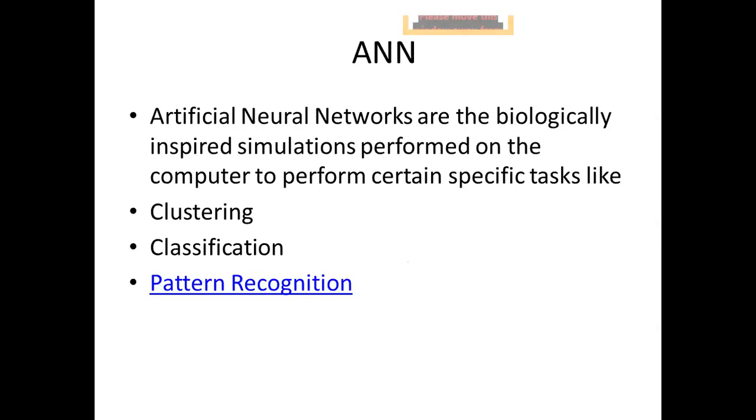As I said before, we are going to have a comparison in terms of human neurons; it is a biologically inspired simulation performed on the computer. It will perform certain tasks, such as clustering, classification, and pattern recognition, etc.